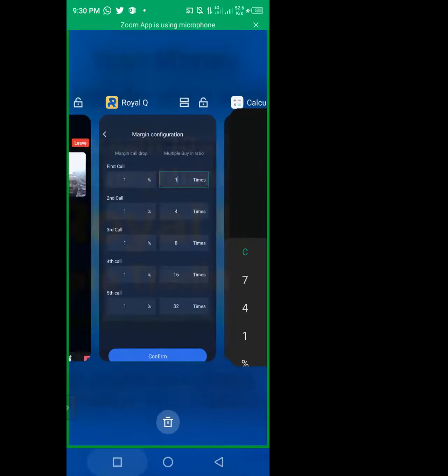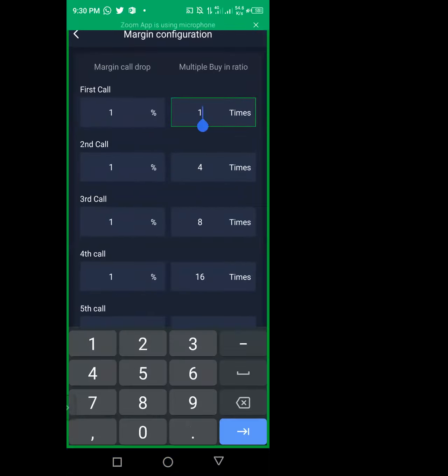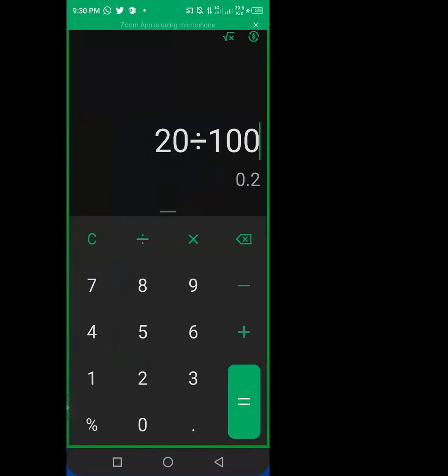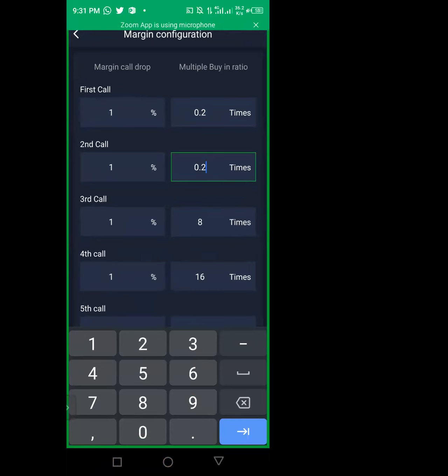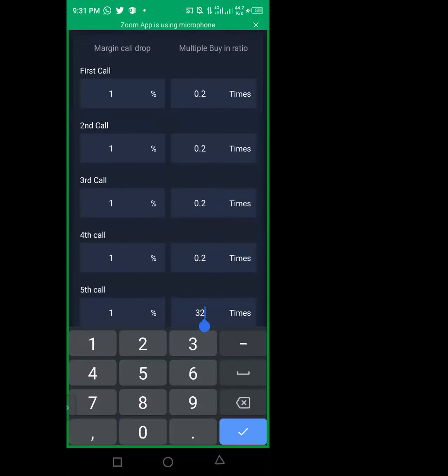If we put 0.2 here, then 0.2 times 100, which is our first buy amount, means the robot will use $20 from our spare money to buy margin 1. The same thing will happen again at another 1%. The robot will use 0.2, 0.2, 0.2, 0.2.